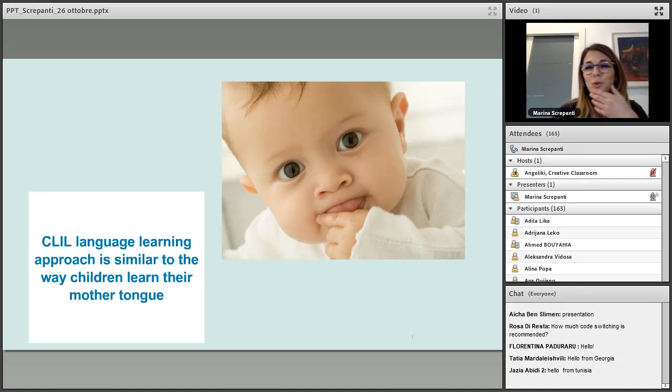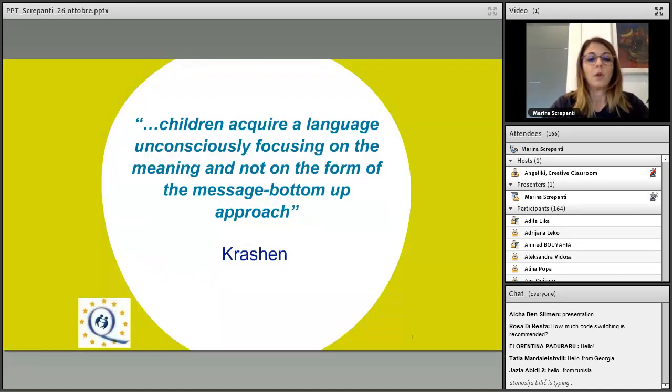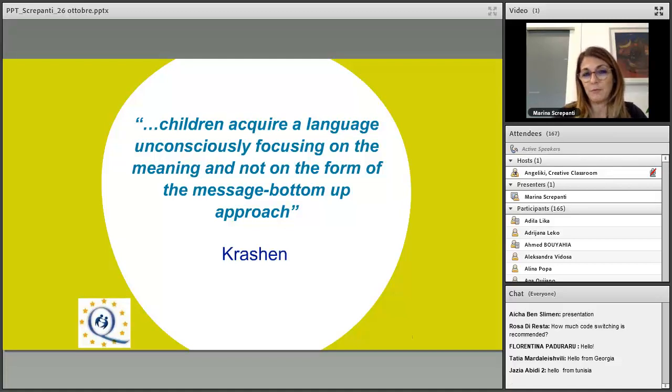So the CLIL language learning approach is similar to the way children learn their mother tongue. When you teach your children, for example, how to speak, they use the plural, but they don't know the plural rule, or they use some verbs, but they don't know that it's infinitive or passive or something. So they just talk. This sentence by Krashen is really good: children acquire a language unconsciously, focusing on the meaning and not on the form.